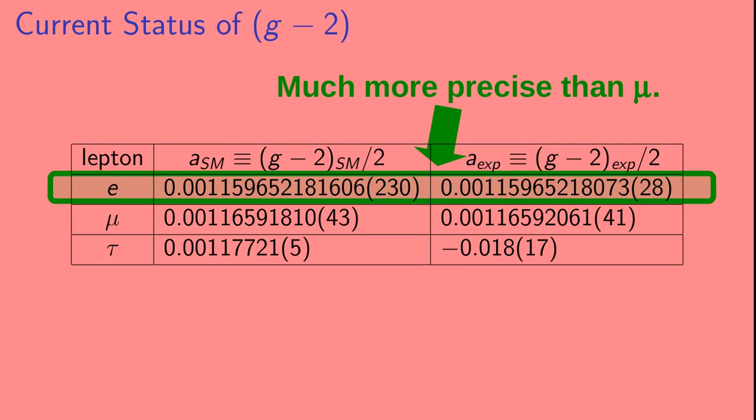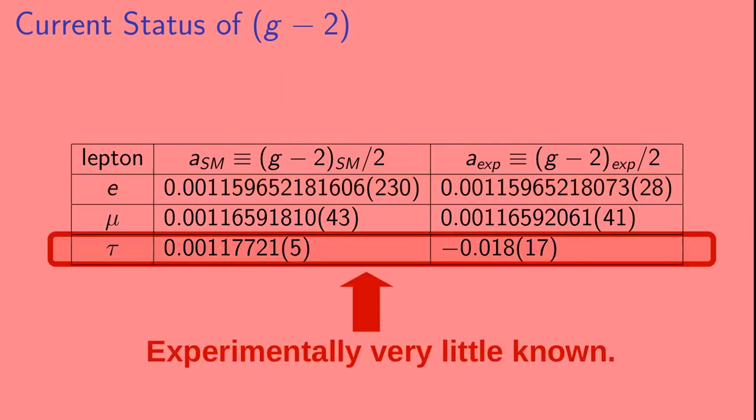We can see that the results have more significant digits than the muon results. And lastly, we have the results for A tau. The measured value, shown in the right-hand column, has a very large uncertainty. Experimentally, very little is known about g-2 of the tau.